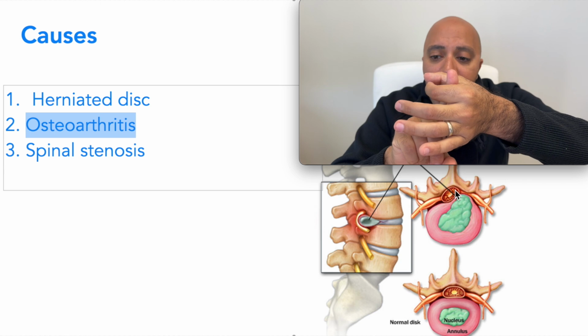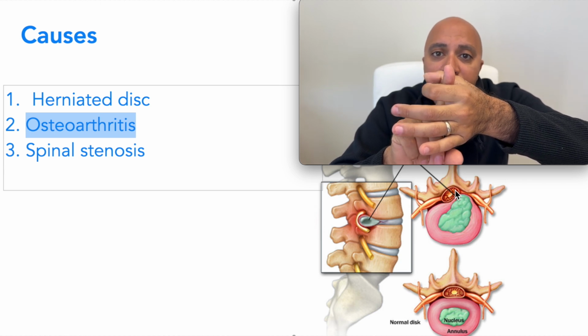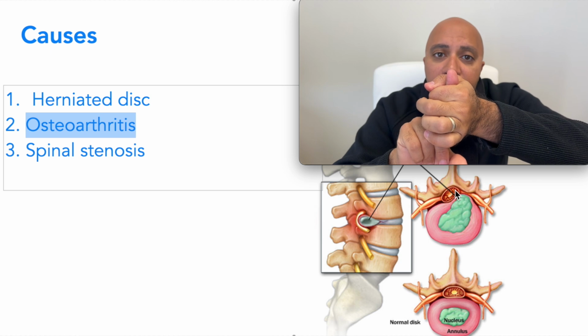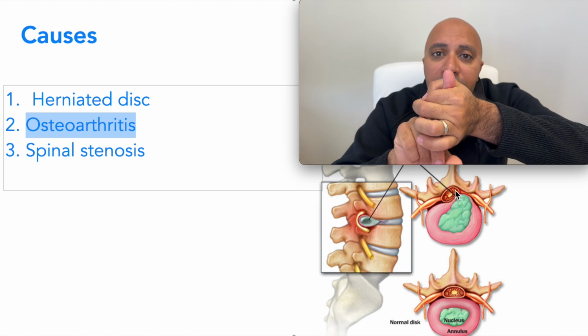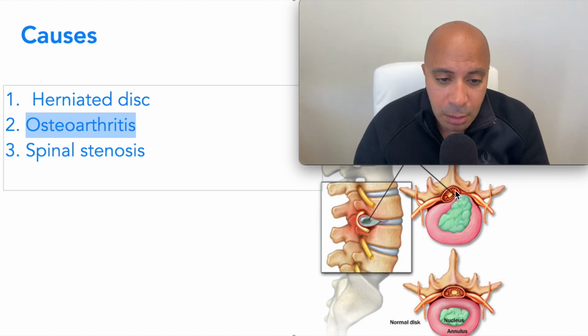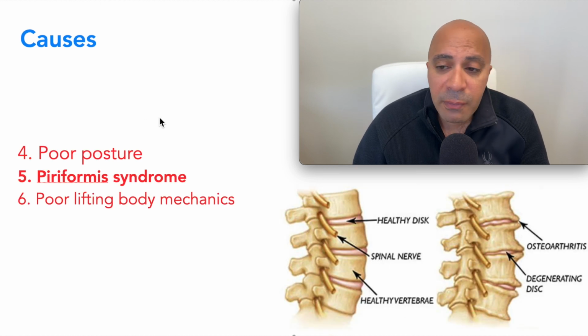Usually you will have a few millimeters of space, so it's not compressing on the nerve. But when you have spinal stenosis, that's narrowing in the canal and it could compress on the nerve and cause lumbar radiculopathy.